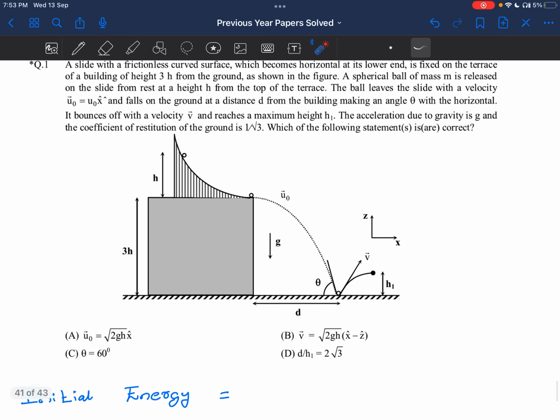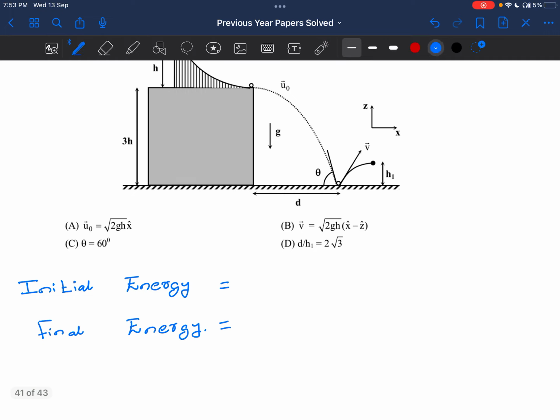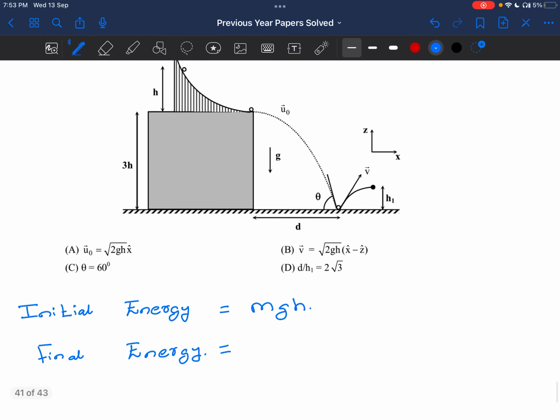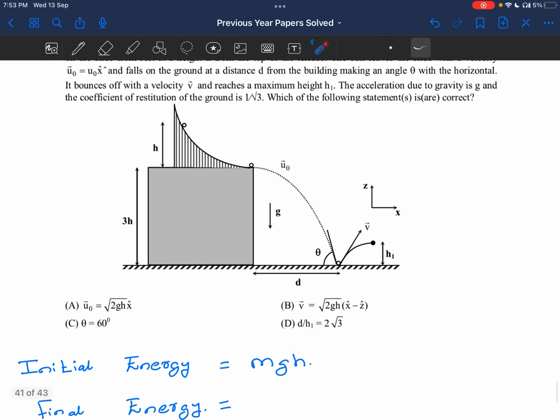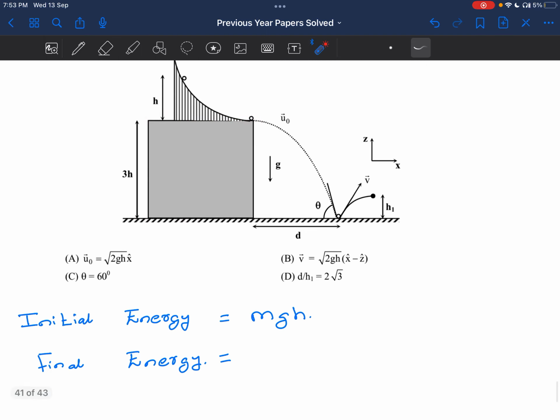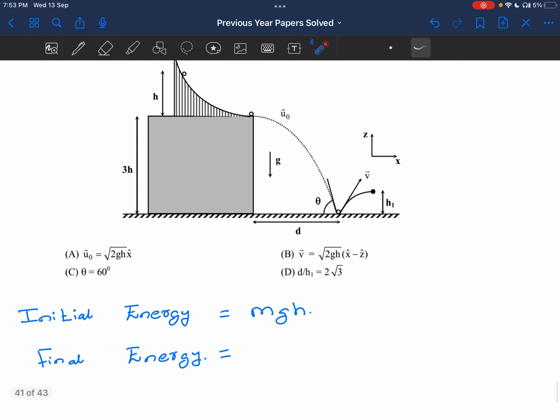So the initial energy is purely potential and it is mgh. And as I chose this as my ground, at this position, the energy is purely kinetic, according to this ground, not the actual ground.